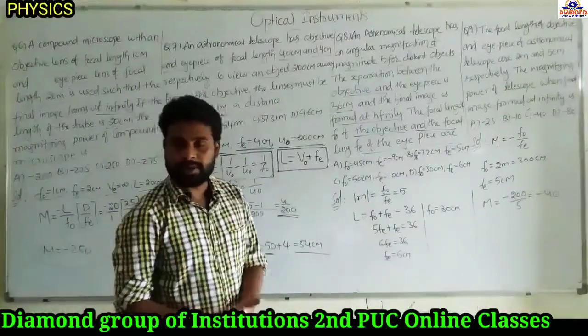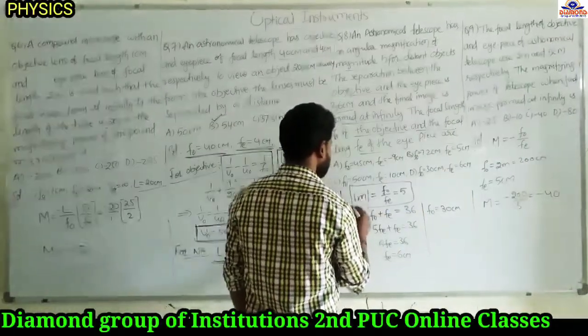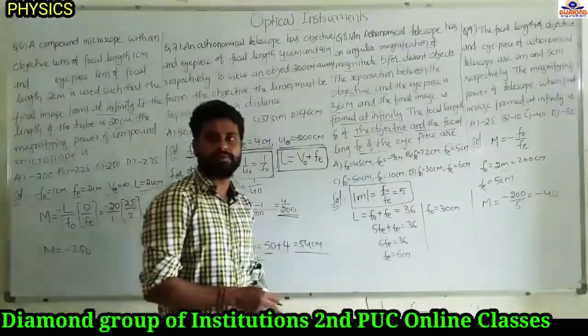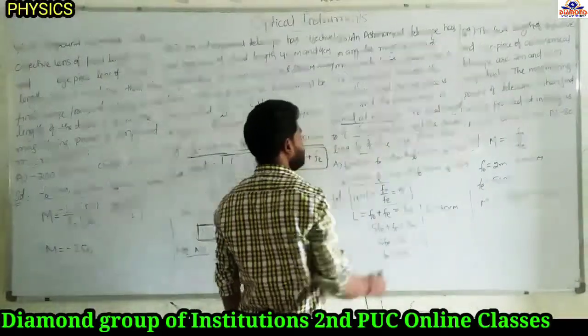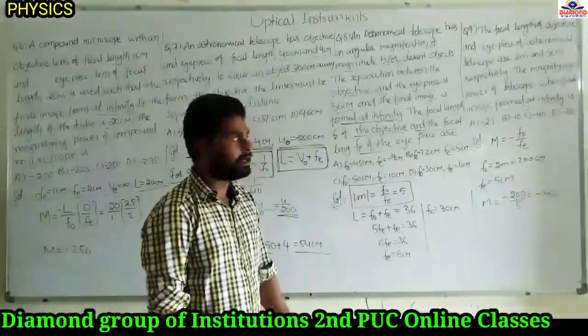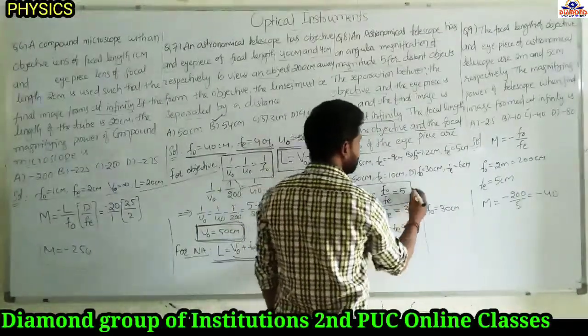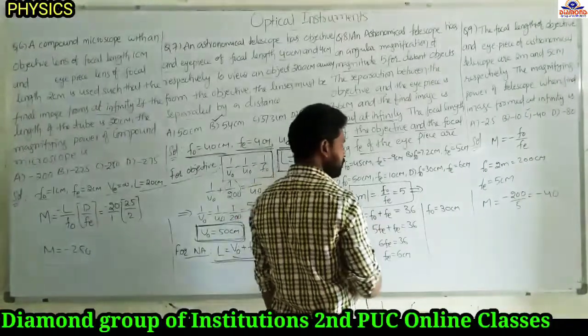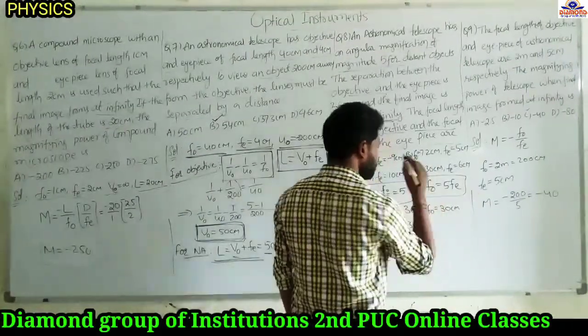If the image is formed at infinity, we know the magnification formula for the telescope is f naught by fe. So m equals f naught by fe equals 5. From this, f naught equals 5 into fe.